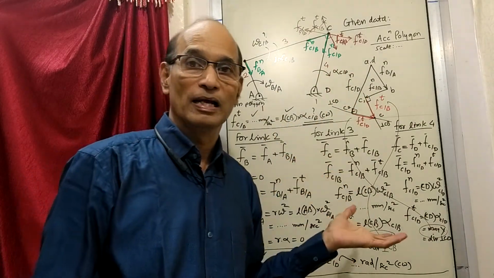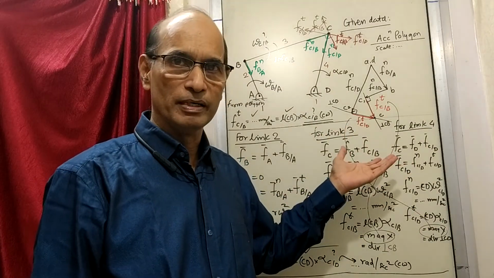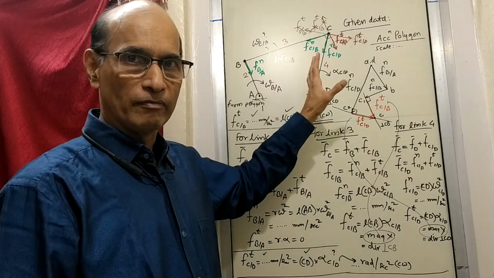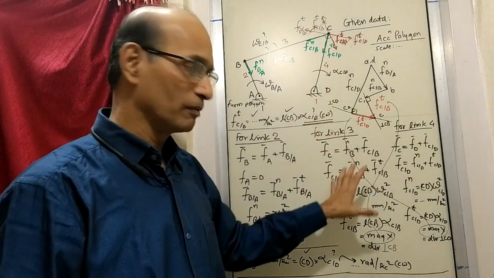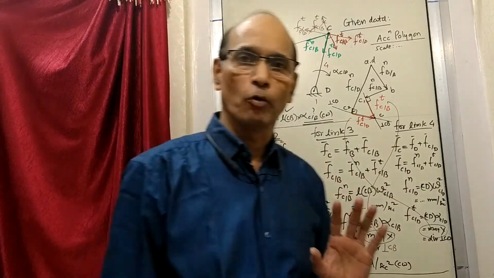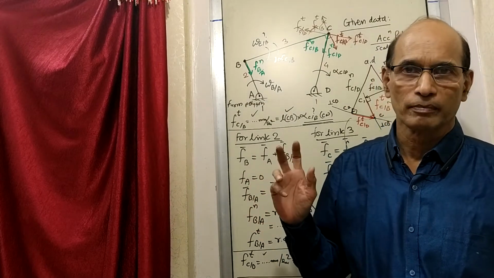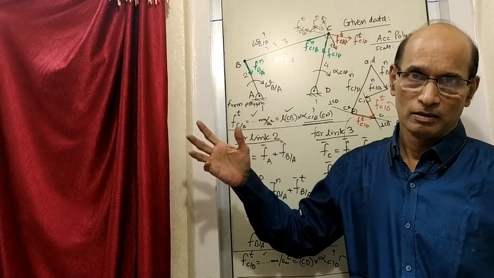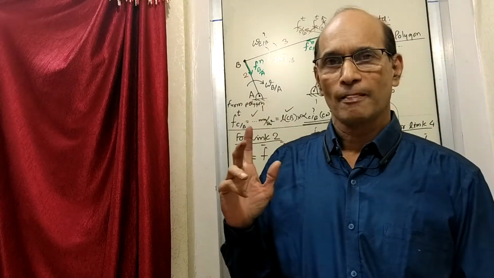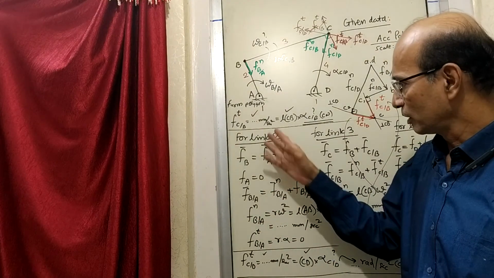So how to analyze a slider if it is there, that we will take up next time when we meet. Once you know how to handle the slider, then any type of problem if it is given, can be solved like this. So we already solved many different problems by velocity polygon method, and we have found out different answers. Now the same problems we are going to solve further for finding out the accelerations of different links which are there. At that time we will go by a similar method as what is described here.